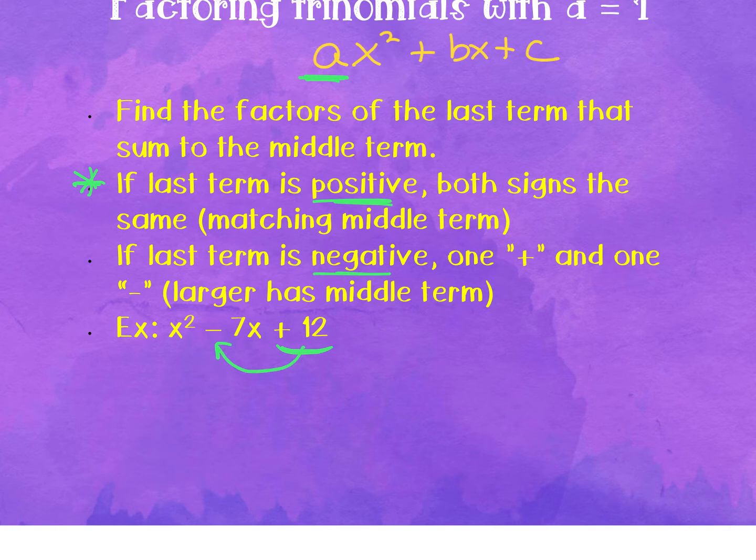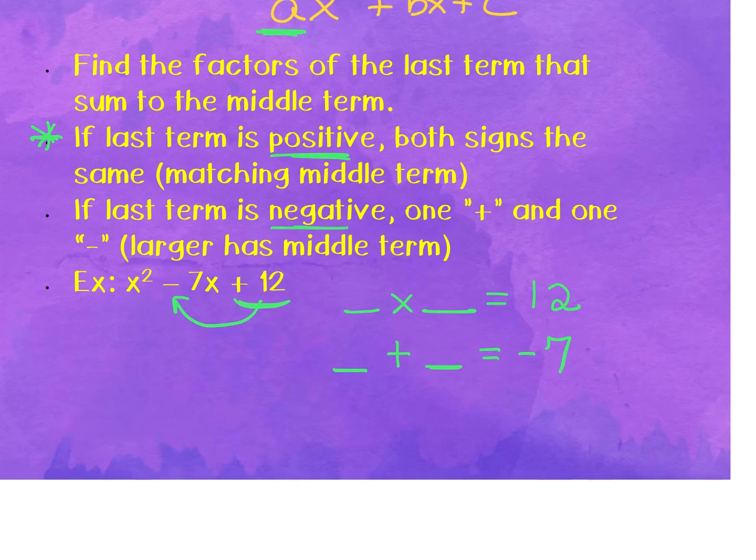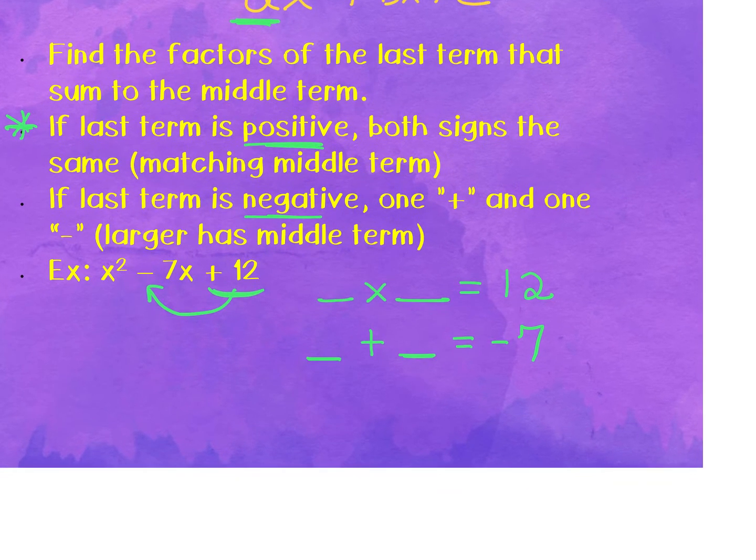So I'm going to start listing my factors of 12. So I'm looking for two numbers that are going to multiply to give me positive 12, but the same two numbers that when I add them give me negative 7. And again, I've already established that the signs have to be both negative.